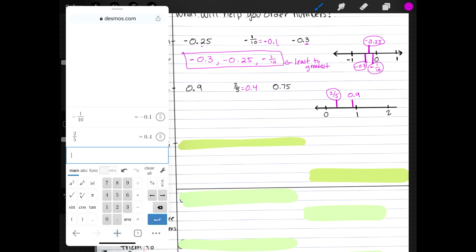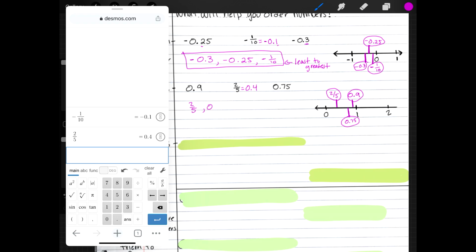And then the 0.75, that's 3/4 of the way to 1. So right here, that's 0.75. Okay. And then we see from least to greatest, the least number that we have is 2/5.